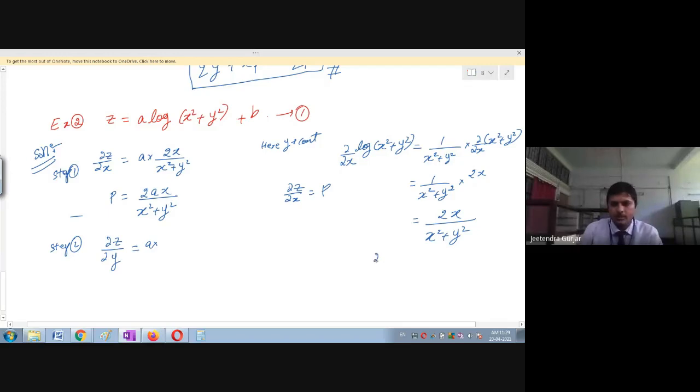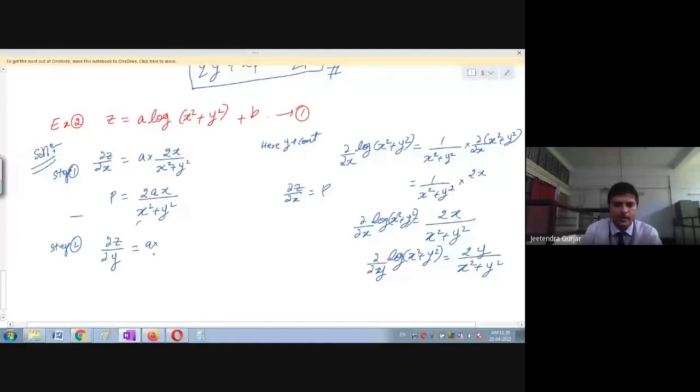Therefore dou upon dou y of log of x square plus y square. The differentiation, you can see, is 2y divided by x square plus y square. See, here we have done it for x. Now I'm going to y, same thing, x is replaced by y. So therefore this is 2y divided by x square plus y square.